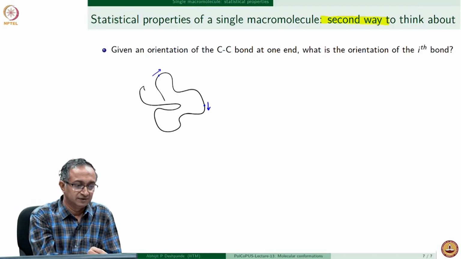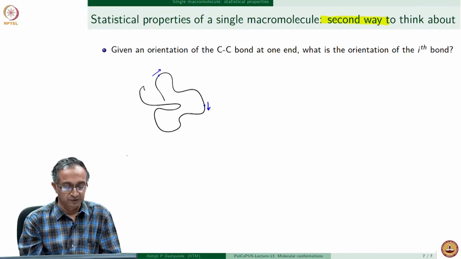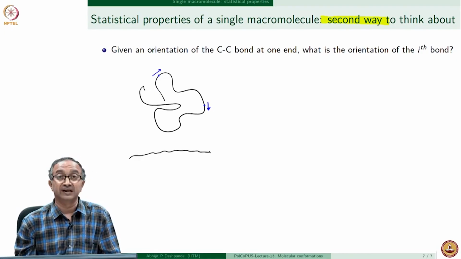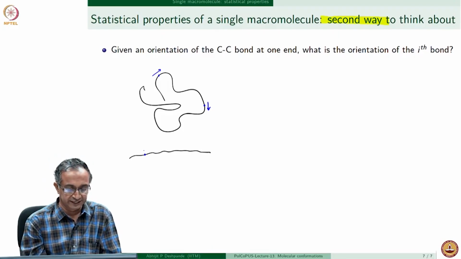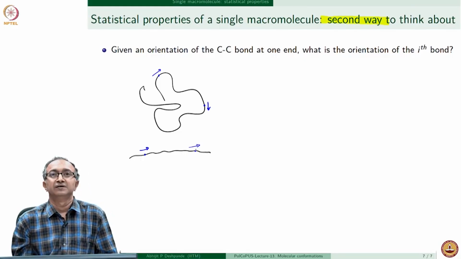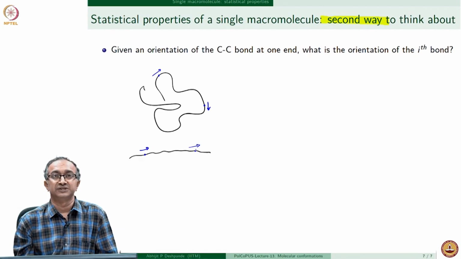If I have a rod-like molecule, then it will be like this. And if I take any 2 points on that chain, we can see that the orientations are closely related to each other.